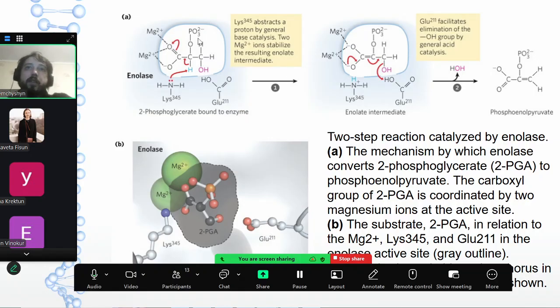Now, any of these two oxygens, they are symmetric. So either the upper or this lower oxygen, whatever, it transfers electrons back, recreating the double bond. This double bond basically shifts to here, and this bond is broken, and that's what you have, phosphoenol pyruvate. So this is the result.